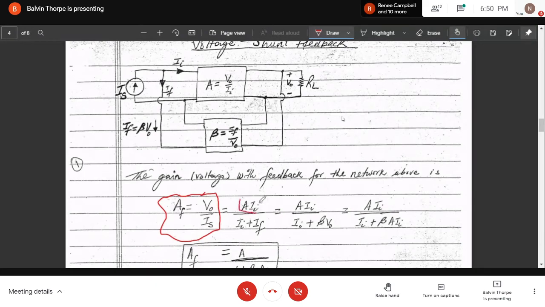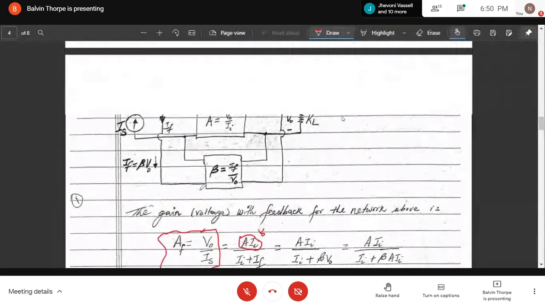We know that VO, from what we just discussed, this is VO. And I just mentioned that IS, which is these two currents that are summed, is going to be II plus IF.